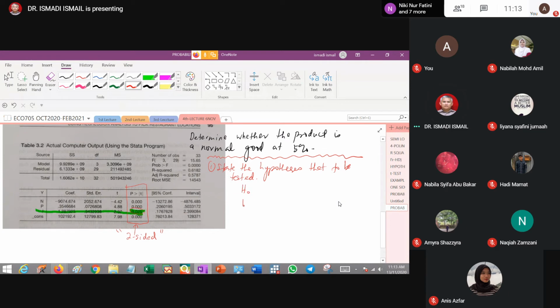H0, H1: beta subscript I. So it is positive, it is equal to 0, or I can write it like this.